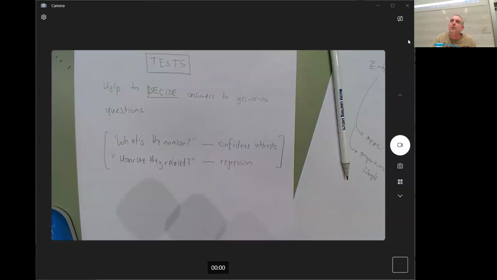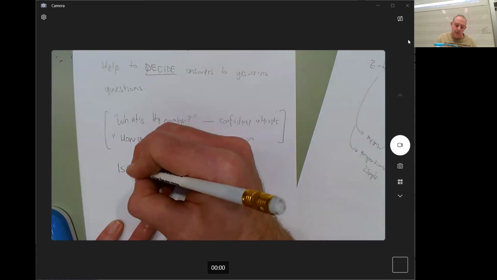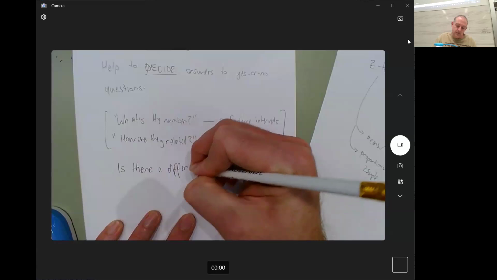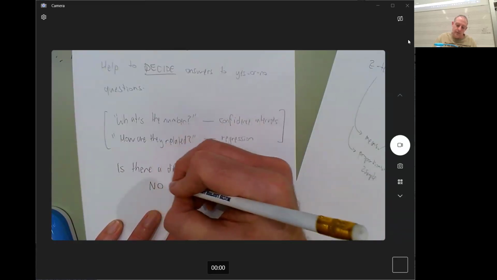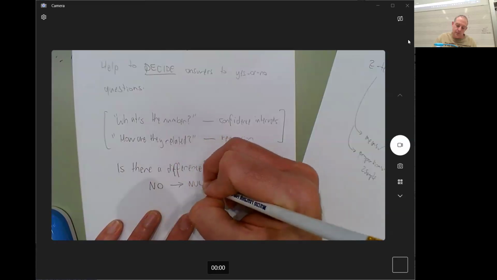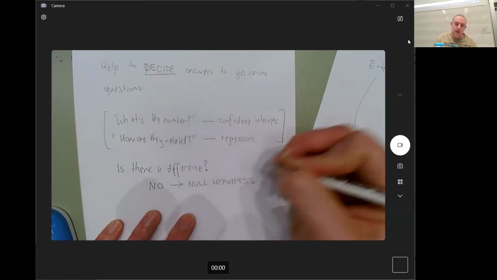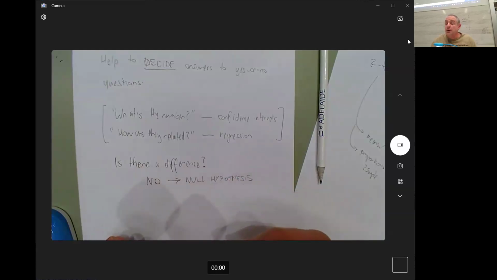Then the no answer goes with the null hypothesis. And that's the usual vibe of how all of these things work. So is there a difference between my number and the number 5? The answer no would be the null hypothesis.